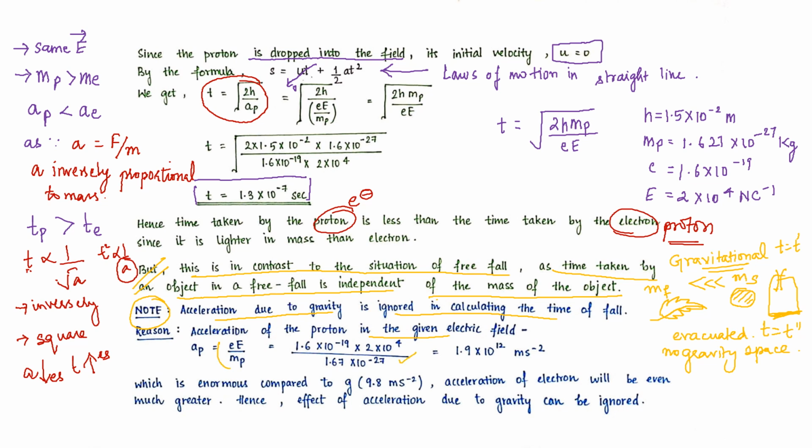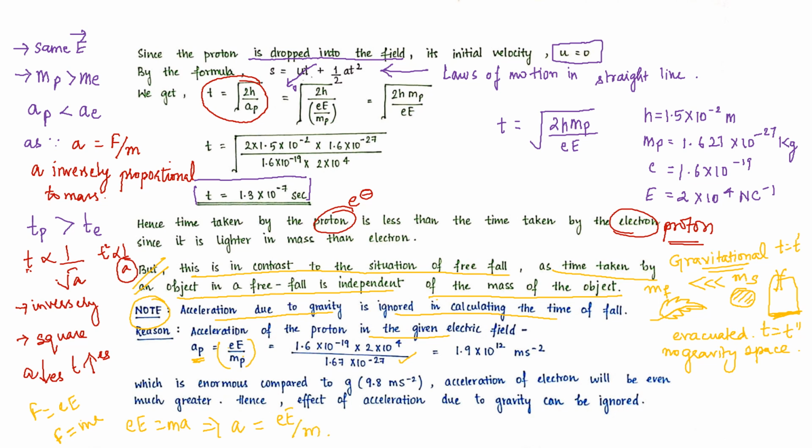We have got this formula, eE by m_p, using the formulas force equals charge into electric field and force equals mass into acceleration. Comparing both equations, we get eE equals ma, and from this equation we can find the value of a, which comes around a equals small e into capital E divided by mass.